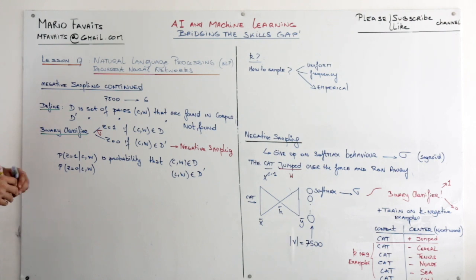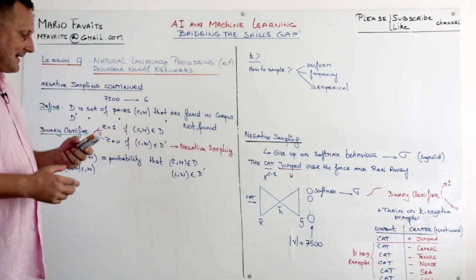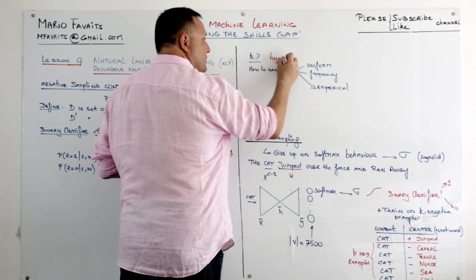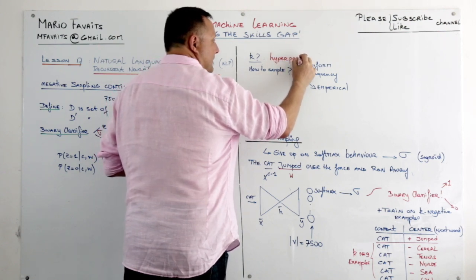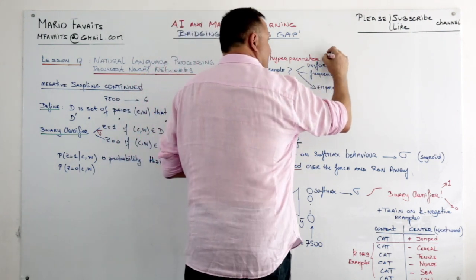Of these we're going to choose about k, and k is a hyperparameter, so it is to be chosen. There's a few options.